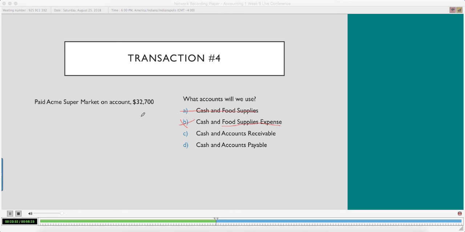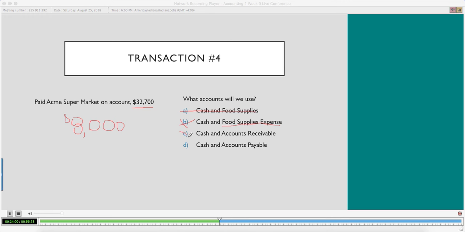So if we purchased $32,700 during the month, but we have 8,000, I still have not got my penmanship right. Since we have $8,000 left, food supplies expense would be adjusted for the difference between the two amounts.